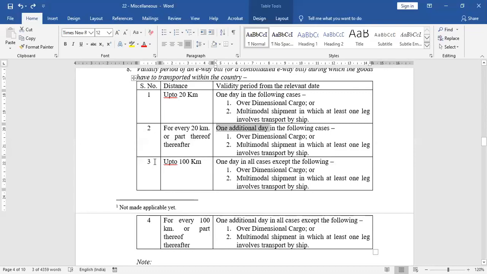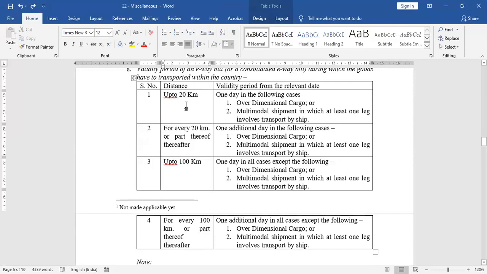Up to 100 kilometers, if it is not over dimensional cargo. So for empty trucks or light trucks, they have been given the validity period of 1 day to cover a distance of 100 kilometers, and then for every 100 kilometers, an additional 1 day.